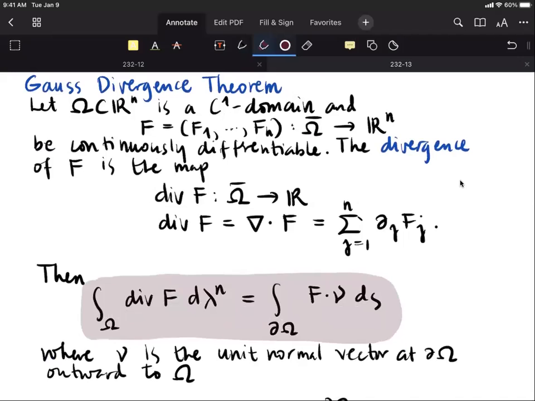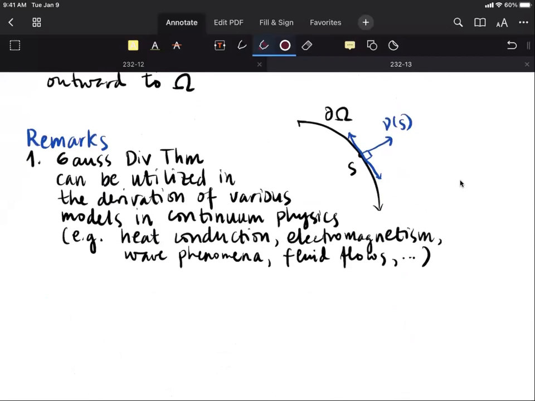So converting the integral over the domain omega of the divergence of the vector field into a boundary integral of the dot product of the vector field with the normal to the boundary. The Gauss divergence theorem can be utilized in the derivation of various models in continuum physics. For instance, these are the heat conduction, electromagnetism, wave phenomena, and fluid flows, among others.